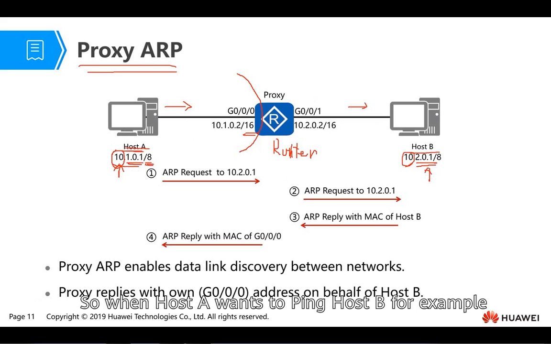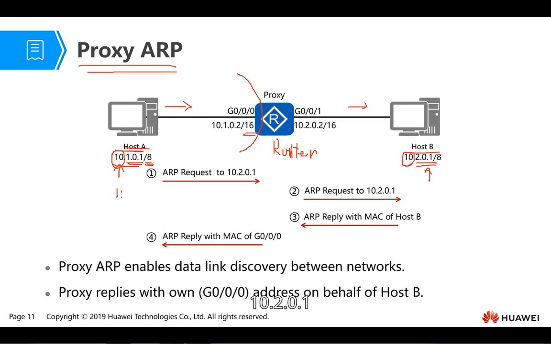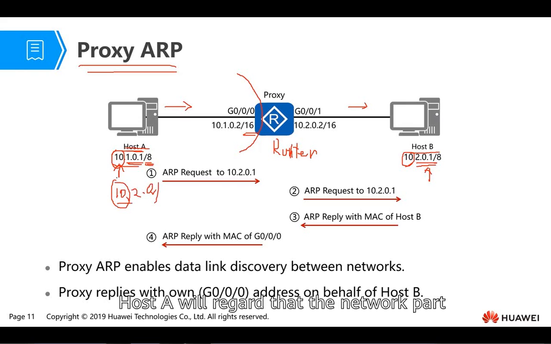So when host A wants to ping host B, for example 10.2.0.1, host A will regard the network part as the same. So host A will think host B is in the same network.